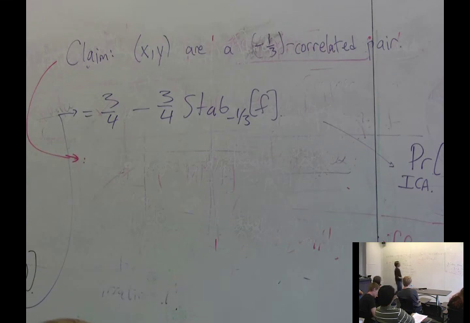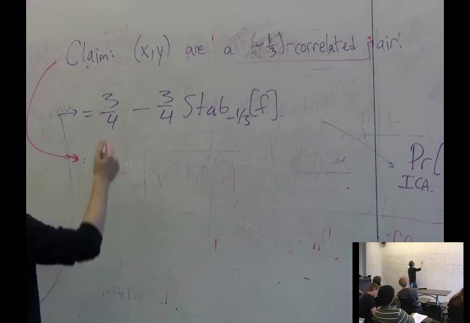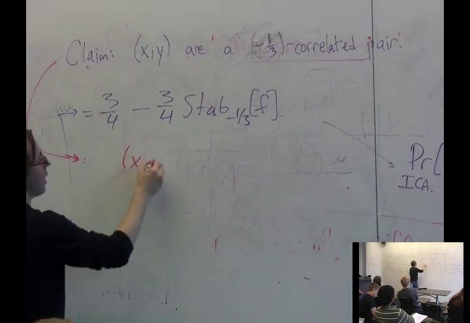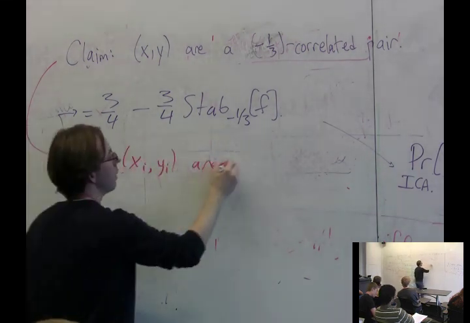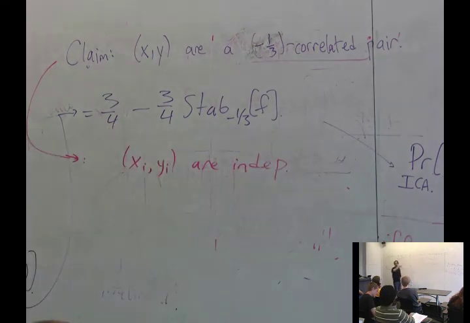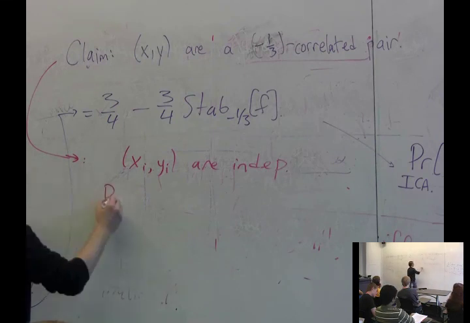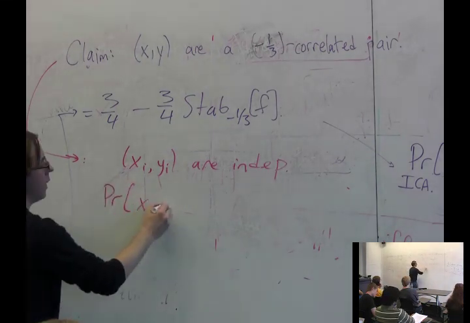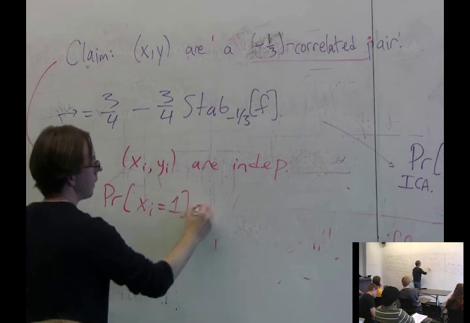OK, and now let's just think about it. Each of the pairs xi, yi are independent, just like they should be in row correlated pairs. That's just because we're imagining the voters are voting randomly. What's the probability that xi equals, let's say, 1?